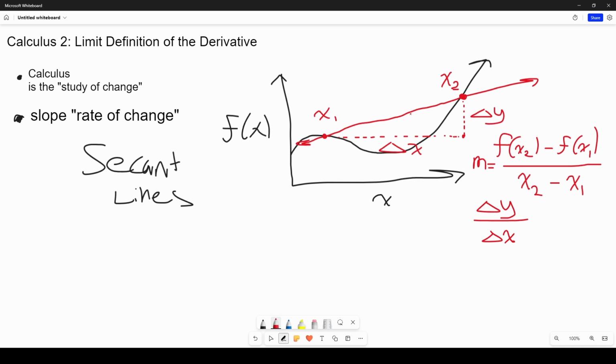But in calculus, we're going to be more interested in what we call tangent lines. So a tangent line, let's say a tangent line at x1, looks something like this. There we go. So the tangent line, as you can see, is going to be the line that barely touches 1 point on the graph.